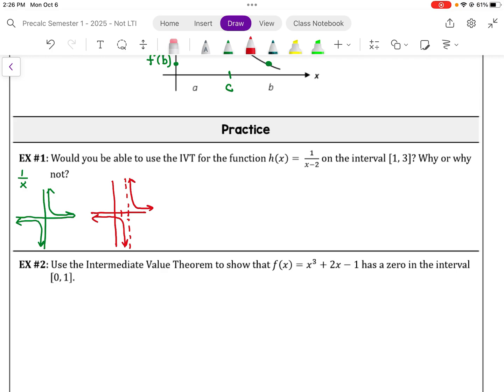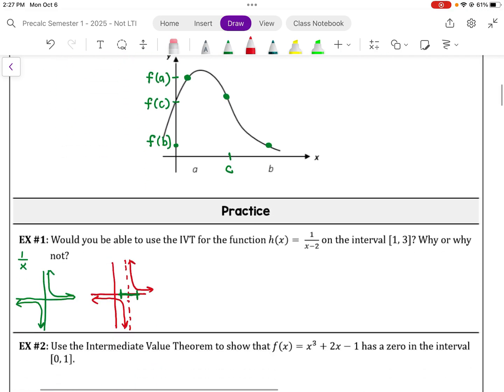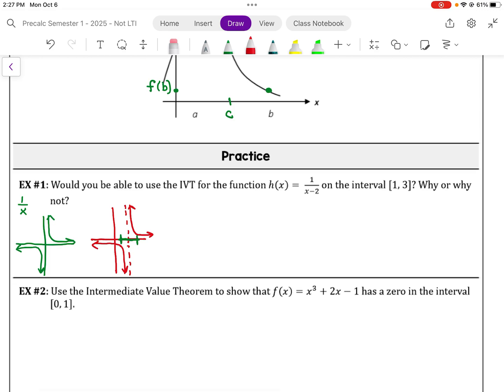So we want to think about the interval 1 to 3, okay? That interval right there. Could I use IVT? Well, does it follow the condition that it is continuous on that interval? No, because it goes down this way, and then there's an asymptote, and then it goes here.